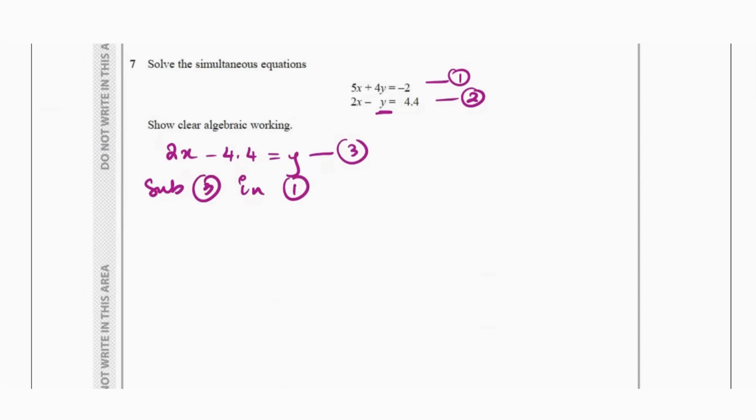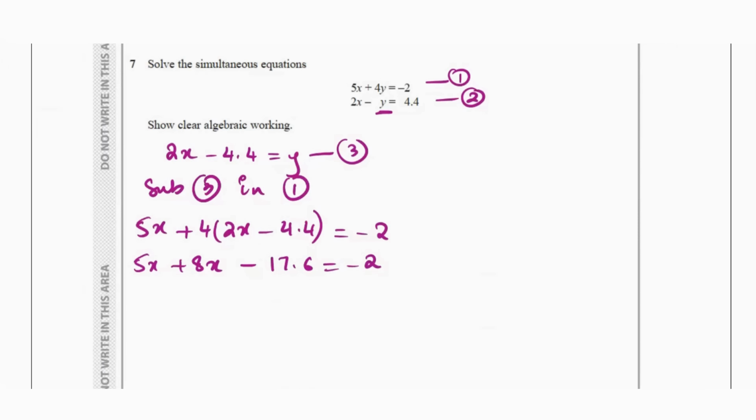For the elimination method, you need to make the coefficient the same for the variable you want to eliminate, then solve accordingly. Here, 5x plus 4 times 2x minus 4.4 equals negative 2. 5x plus 8x minus 17.6 equals negative 2. 13x equals negative 2 plus 17.6, which gives us 15.6.